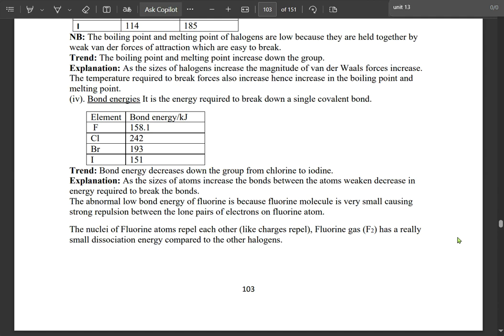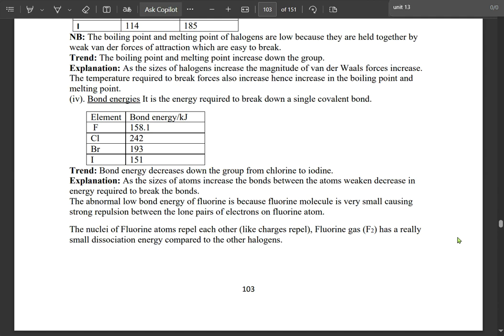If I say strong repulsion, understand it's like a magnet which is repelling another.